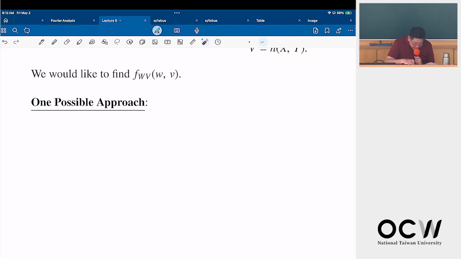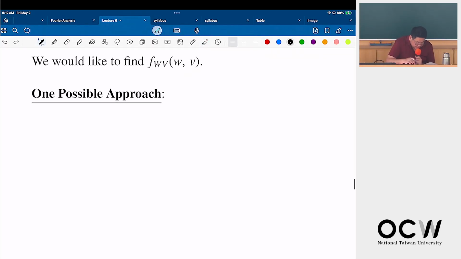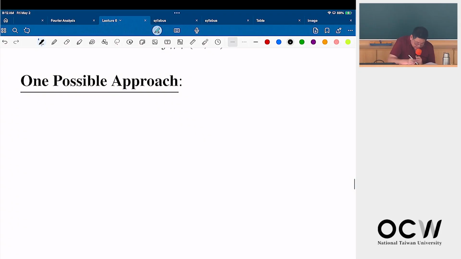So let's find the CDF of W and V. What is the CDF? That is the probability.